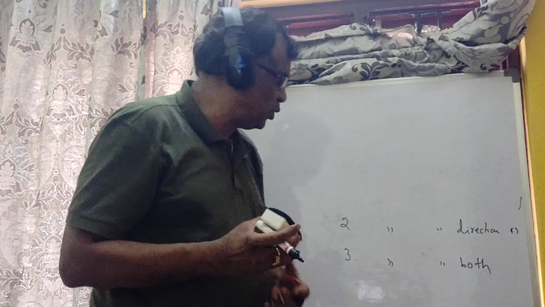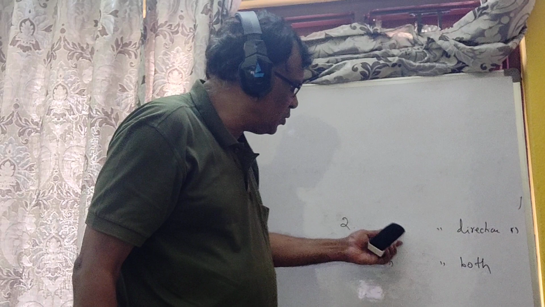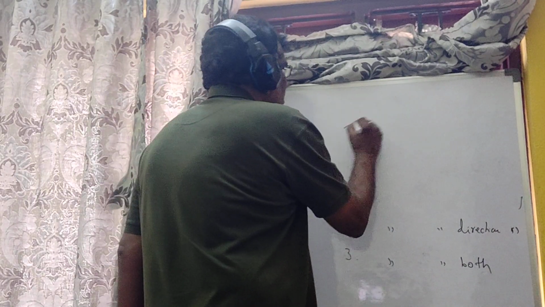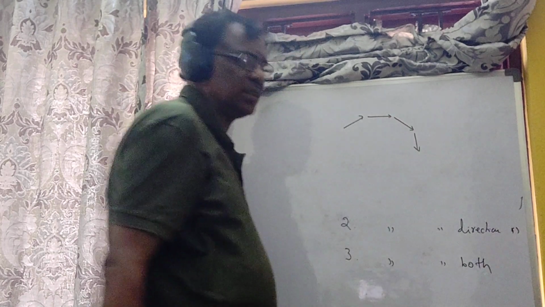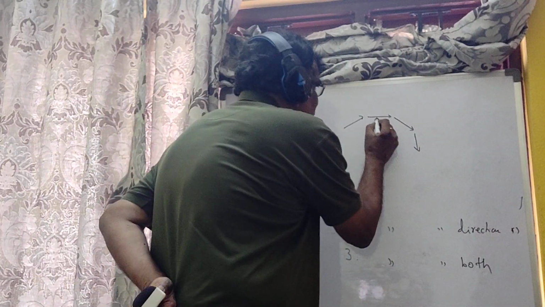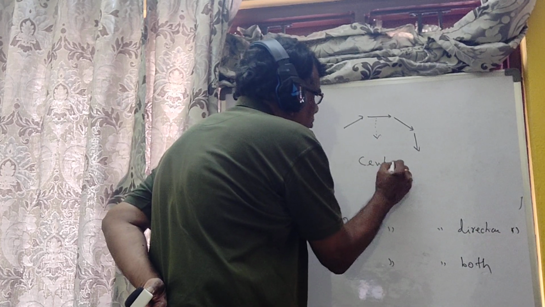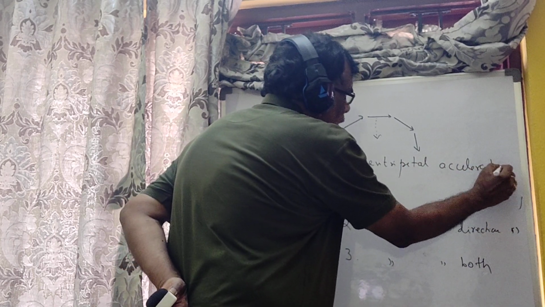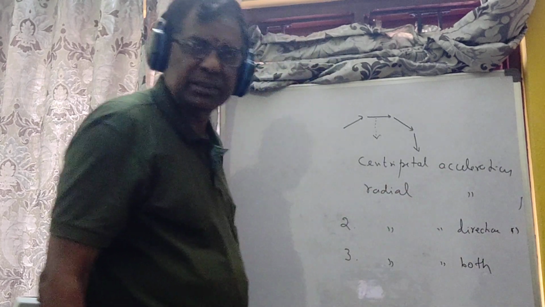Now, coming briefly to the second case, what does it tell you? The acceleration results due to change in direction only. That means the magnitude of the velocity remains the same. Look at this. The length of the vector is everywhere the same, but the acceleration there is always called centripetal acceleration, or radial acceleration.